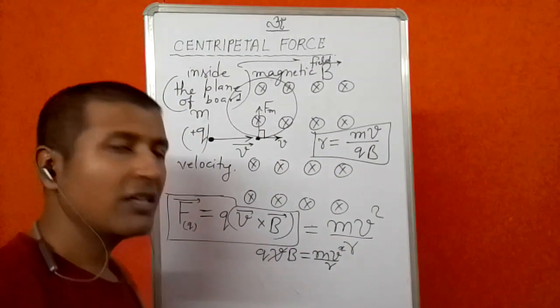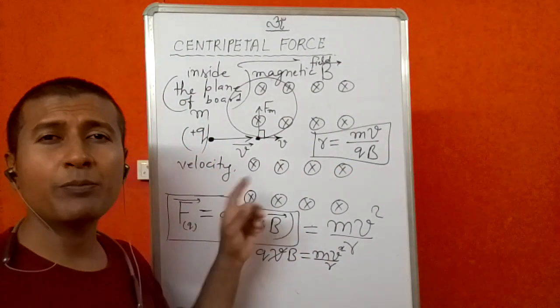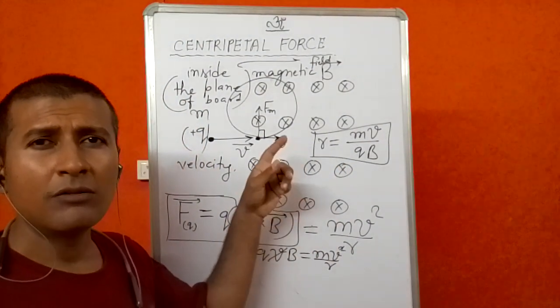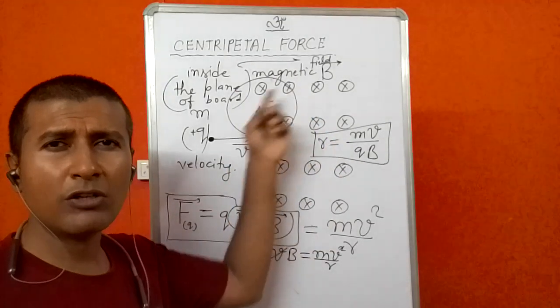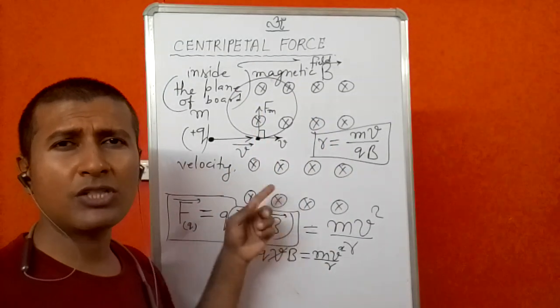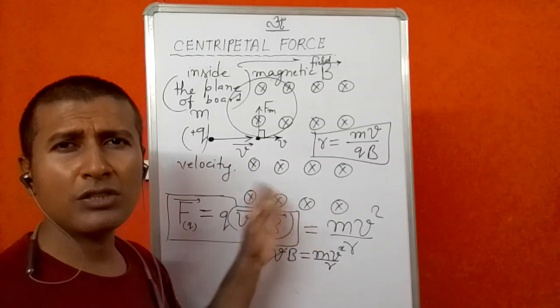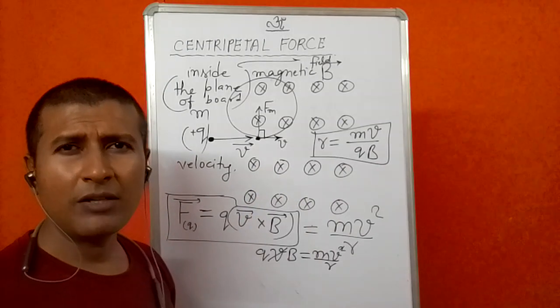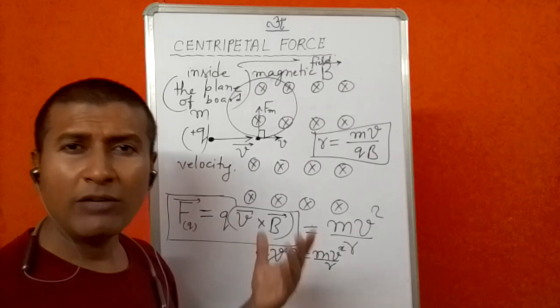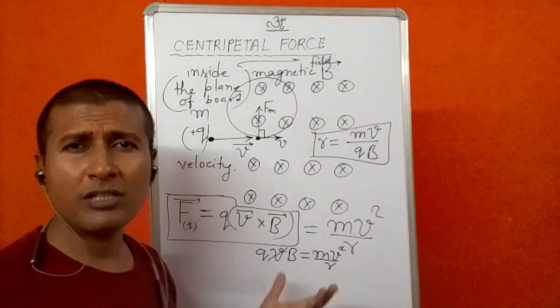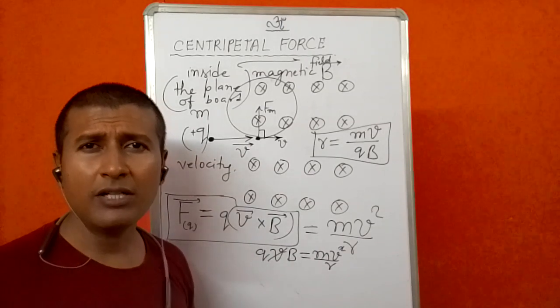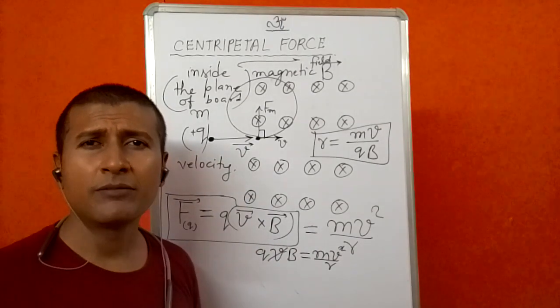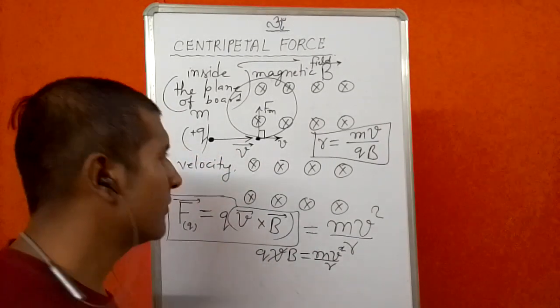So this is the radius with which this particular charge will follow a circular path. This is the radius of that circular path followed by this charge when it enters into this magnetic field, right? So have you understood the concept of centripetal force? It's used everywhere, right? You need to understand it. Is the point clear?